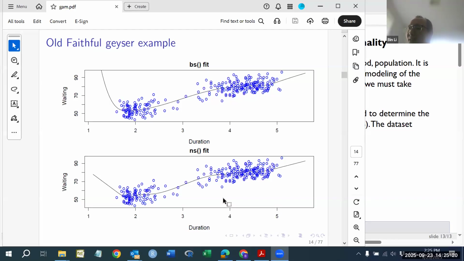Why? Because how many knots should we have? Or what degree of freedom should we have? Why do we just put on these 7 interior knots or maybe 5 interior knots? Why not more than that? Why not less than that? Right? Still, people can find the subjectiveness.